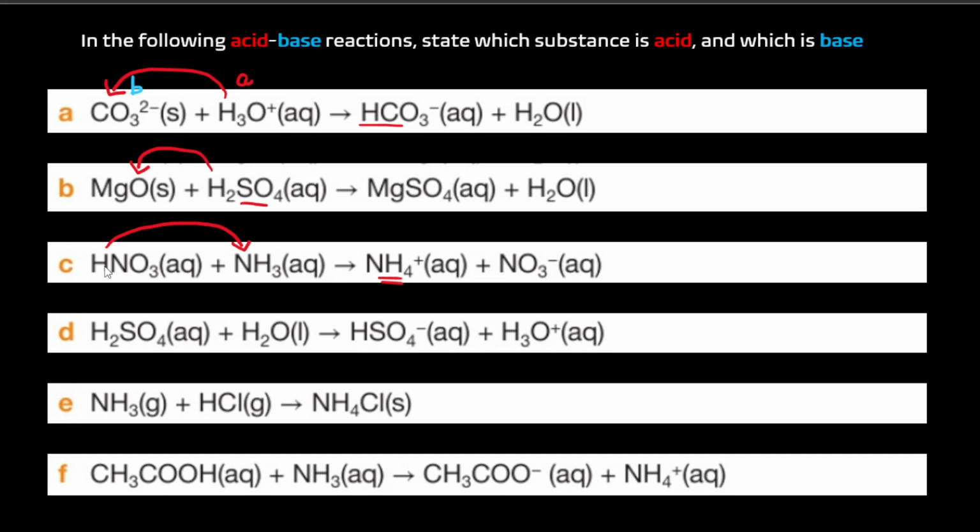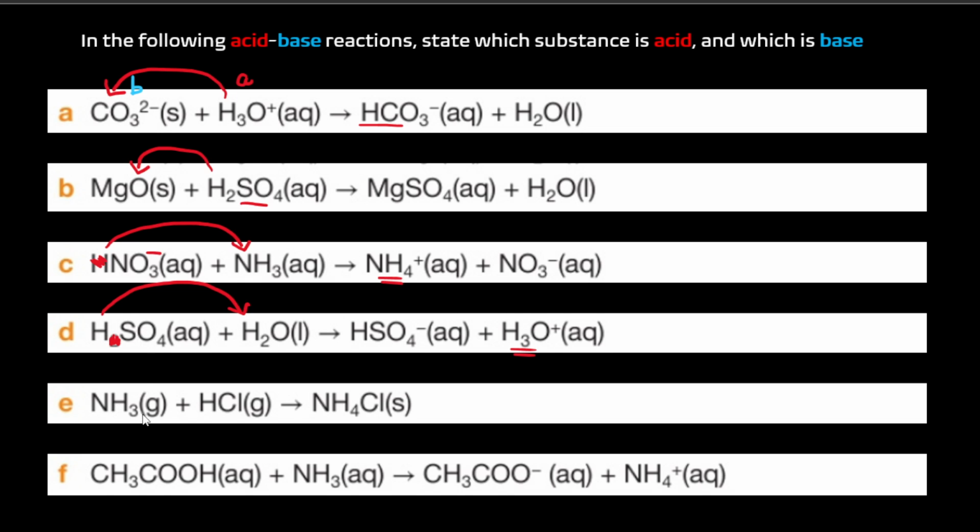Since H left, NO3 is left as NO3 minus. In the reaction between H2SO4 and H2O, H2SO4 is an acid because it donated one hydrogen ion or proton to become hydroxonium ion, and since one hydrogen left, it becomes HSO4 minus. So H2SO4 is an acid.